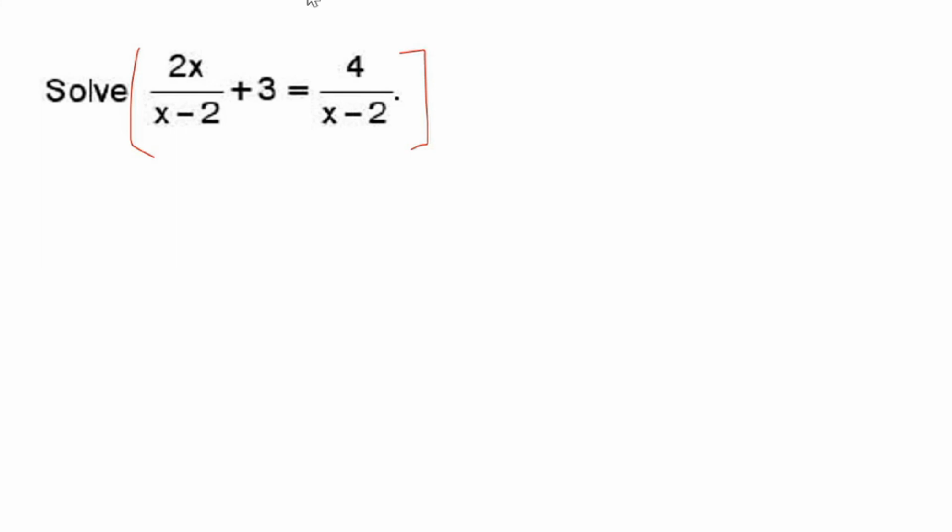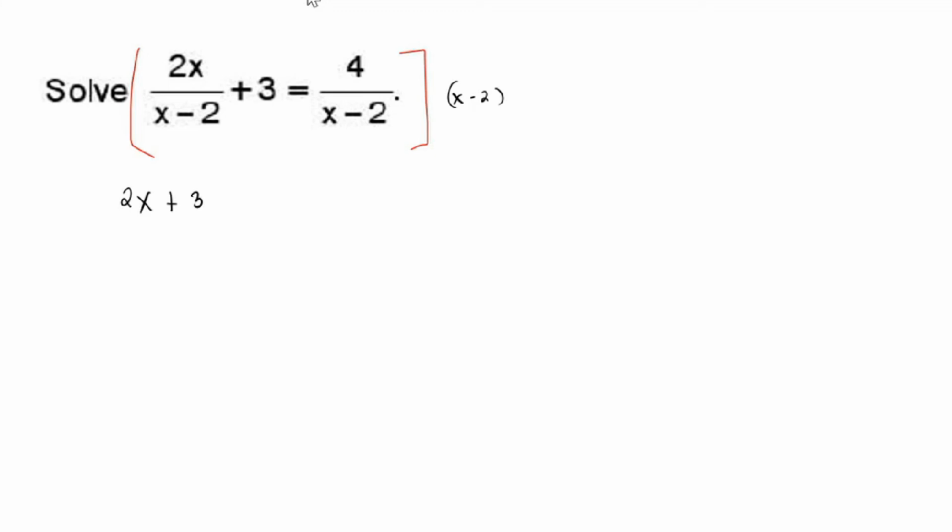So actually, we're multiplying both sides of the equation. To make it short, I will just use the bracket, then multiply this by x minus 2. X minus 2 divided by x minus 2 is 1 times the numerator, that is now 2x, plus, since there is no denominator here, just a whole number, then multiply right away 3 times x minus 2.